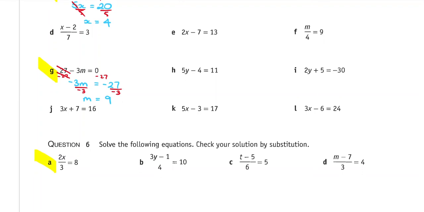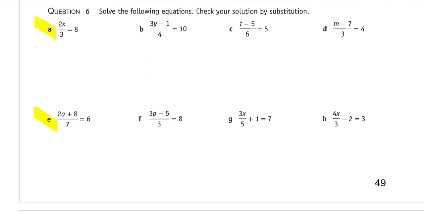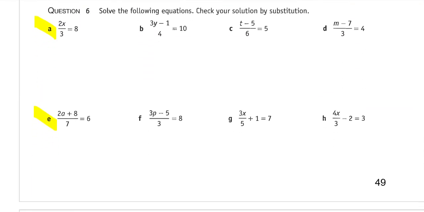Question 6, more 2 steps down here. So here's the x, 2 numbers. Which one do I do first? Everybody knows? It's 2, 3 is correct. The 2 and the x are tied together on the top of that fraction. So we have to get rid of the bottom first.